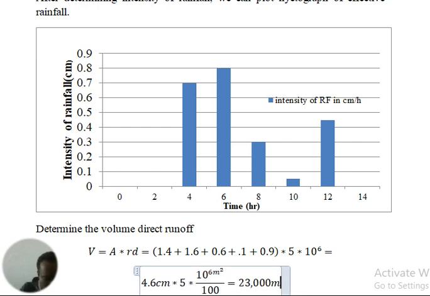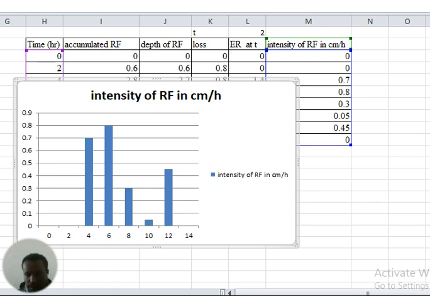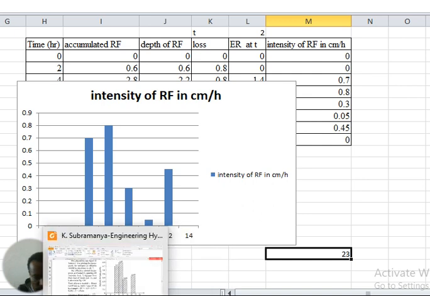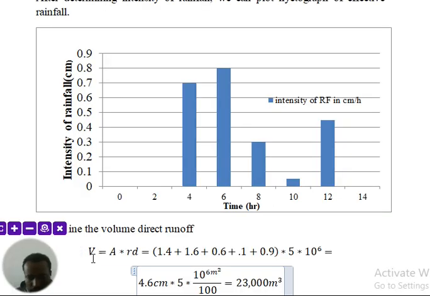Let me check it in Excel. 4.6 times 5 times 10 to the power of 6, over 100, is 230,000 meter cubed.